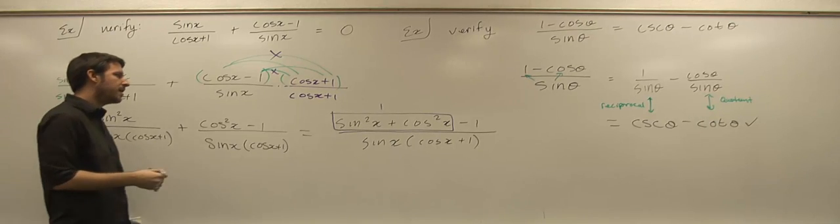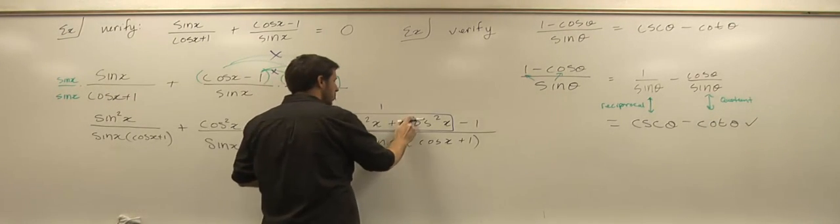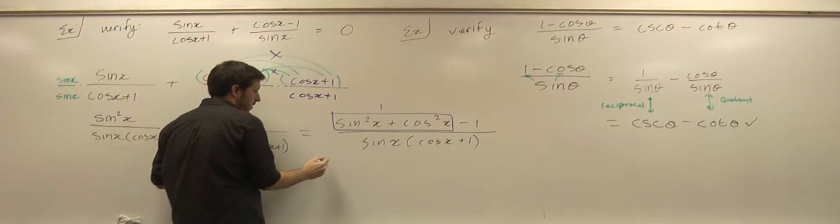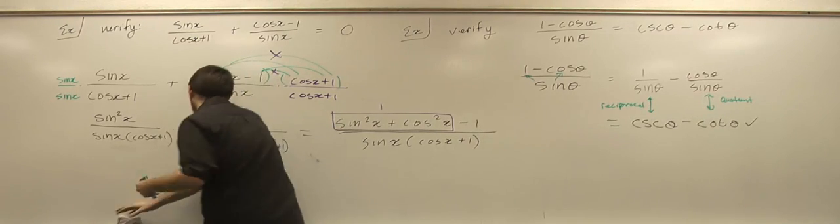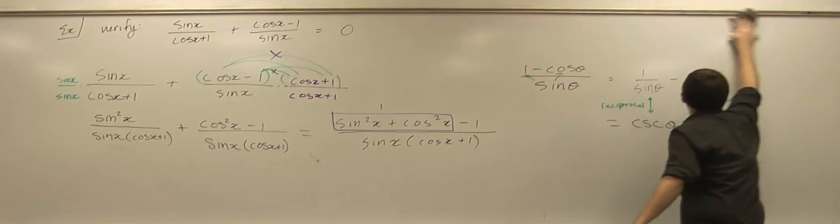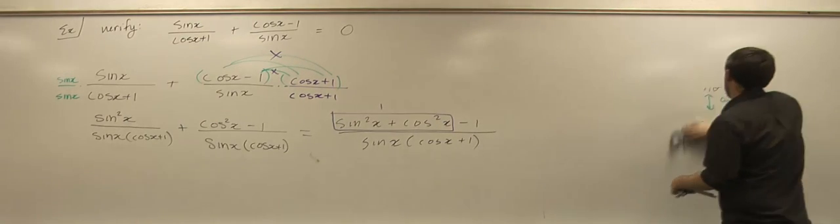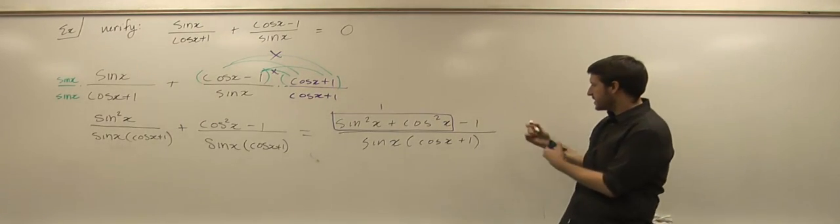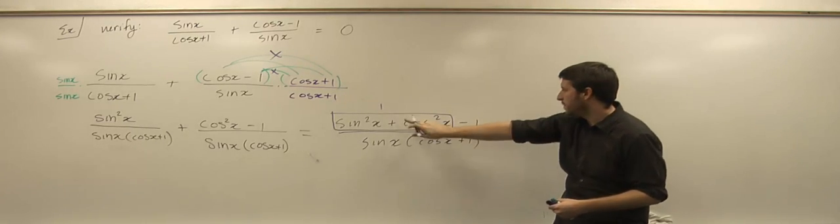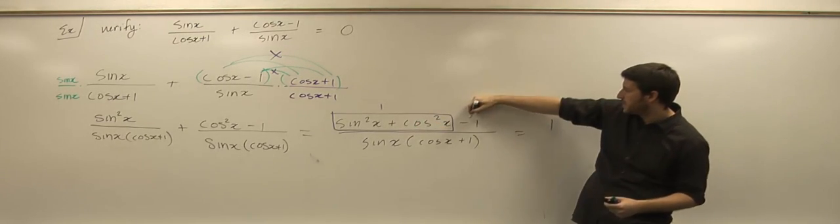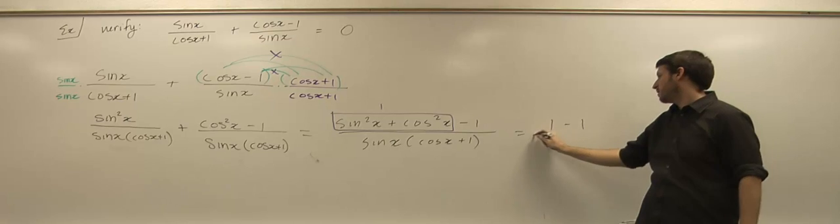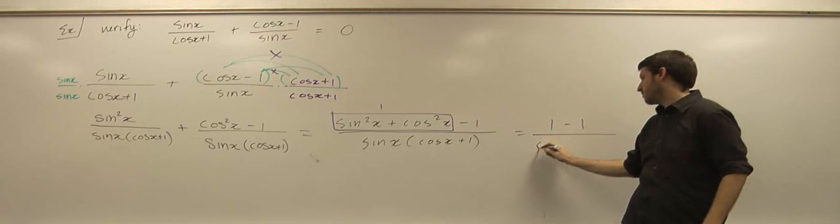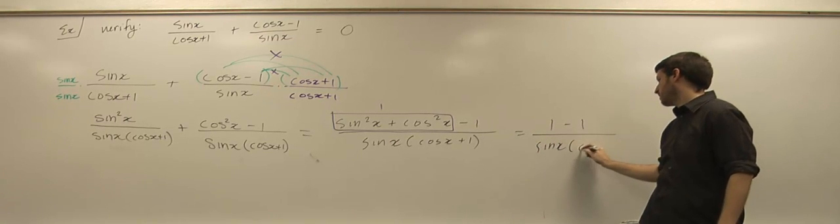So on my next step, I'm going to replace sine squared plus cosine squared with 1. So this next step will have 1 for sine squared plus cos squared, but then minus 1 all over whatever, the common denominator.